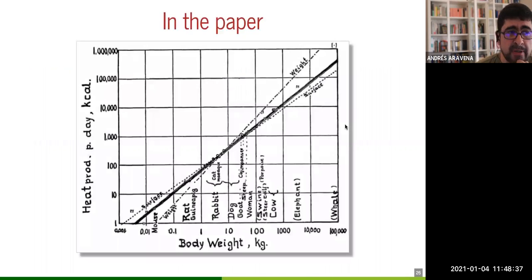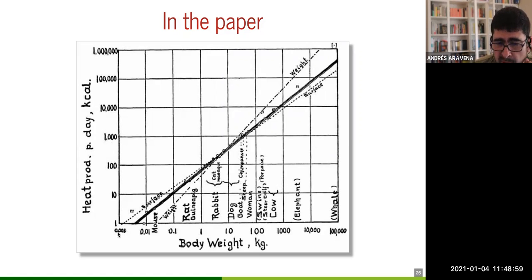And this is the paper. This is the value from the paper. You see that he put the body weight, and the scale is logarithm, but the drawing is the values, not the logarithm, but the straight value.